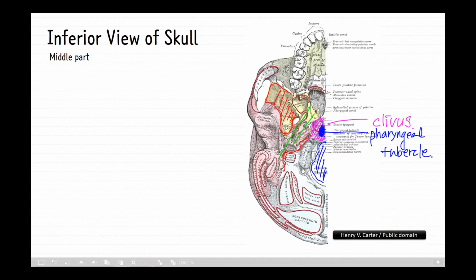The pink colored region here is the petrous part of the petrous process of temporal bone.